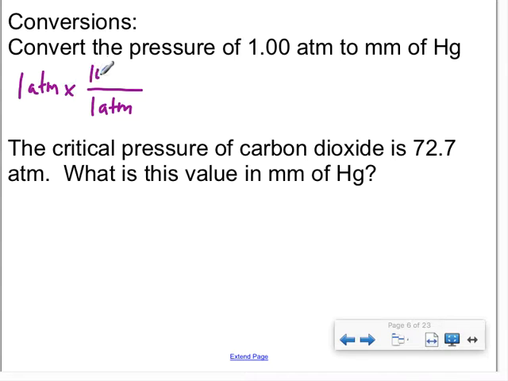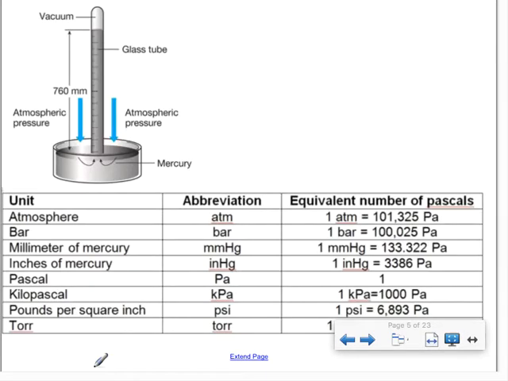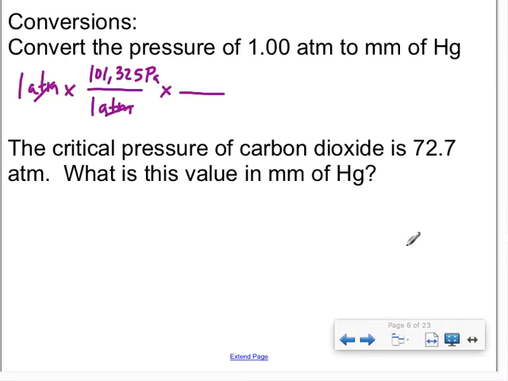so 101,325 pascals are in 1 atm. Pascals is kind of a small unit. Okay, so I'm in pascals because my atms are going to cancel out. And now I can get to millimeters of mercury. So again, I'm going to revert back to my table. I'm in pascals, and I want to get to millimeters of mercury. So I'm going to put 133.322 pascals to 1 millimeter of mercury.